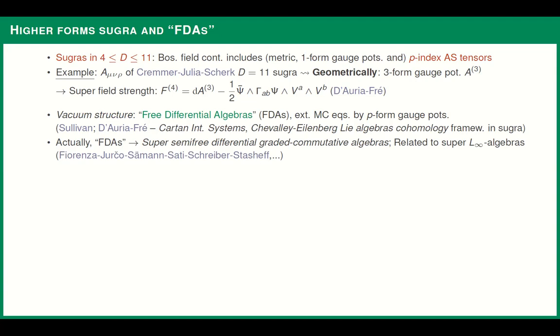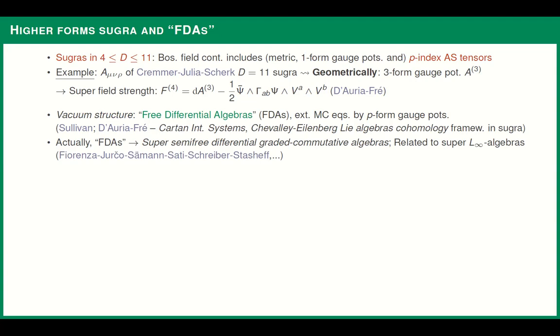An example is the eleven-dimensional supergravity theory, which is the one we are going to consider in some detail. We have A_{mu nu rho}, a 3-indexed antisymmetric tensor, and geometrically it can be written as a 3-form gauge potential A3. Its superfield strength is F4, and it's defined in this way. It was studied by Cremmer, Julia and Scherk, and in particular by Lucrezia in 1981, 82.